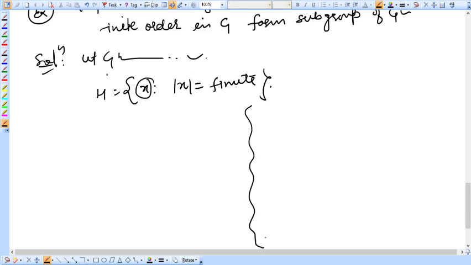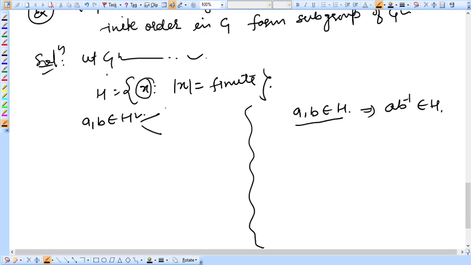If you want to prove this by the one-step subgroup test, we will have to take two elements from this set. If you want to prove this by the two-step subgroup test, then also you will have to take two elements from H. In the one-step test you will have to prove that if a, b belong to H, then a b inverse also belongs to H. In the two-step test you will have to prove two conditions.